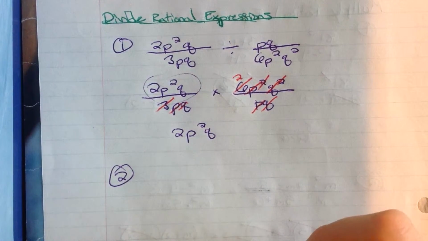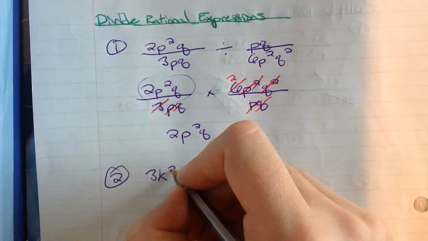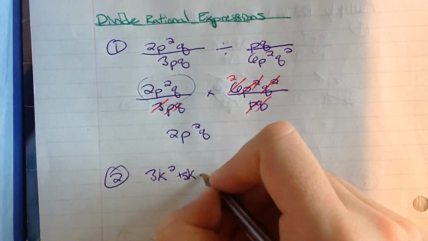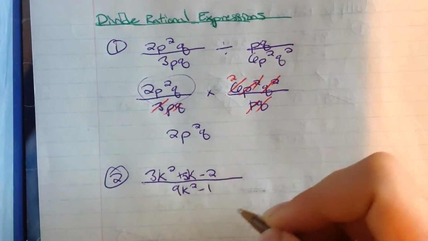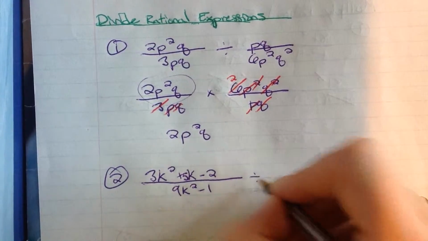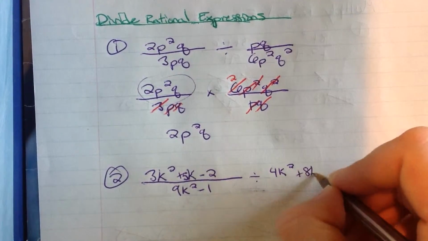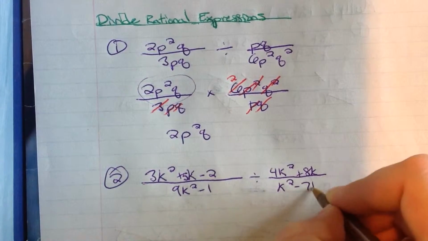Say, for example, that I was given 3k squared plus 5k minus 2 over 9k squared minus 1 divided by 4k squared plus 8k over k squared minus 7k.